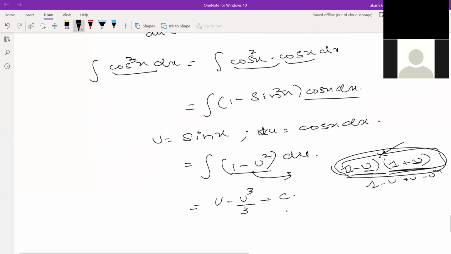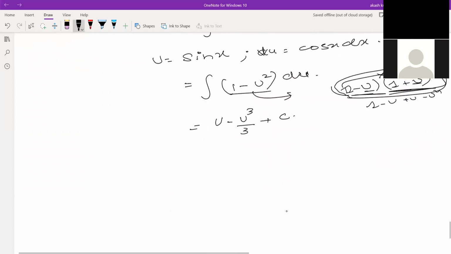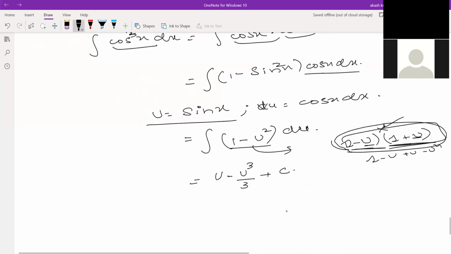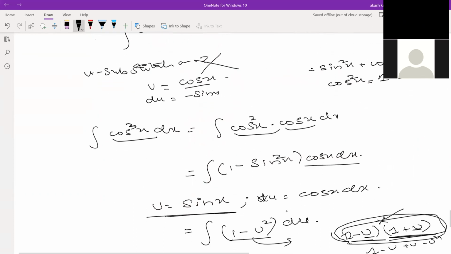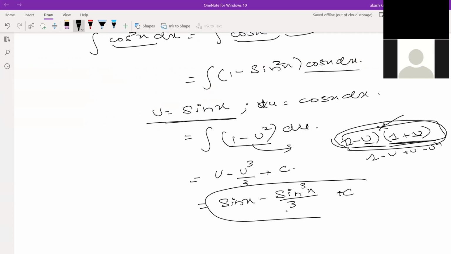U was sin x. So sin x minus sin cube x over 3 plus c. This is the answer.